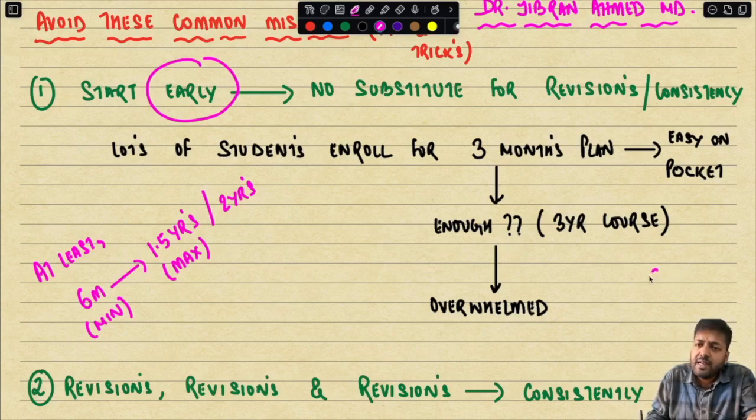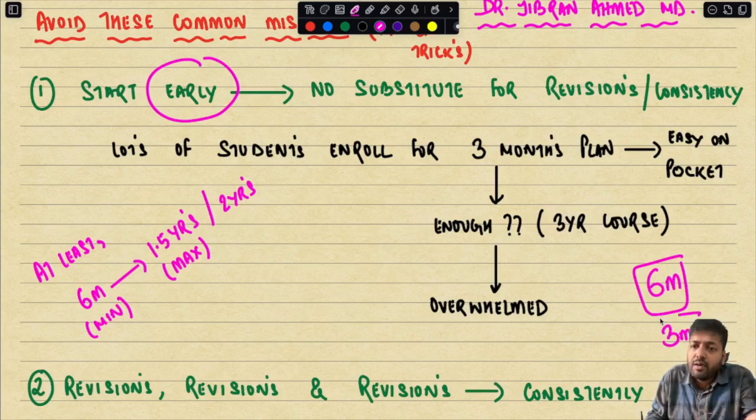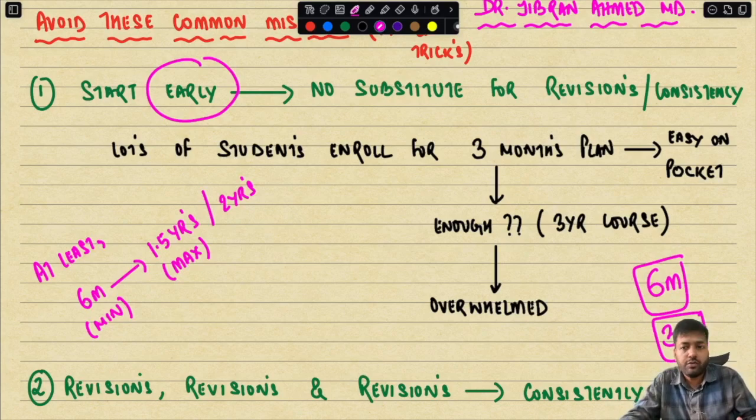A number of students join in the last 6 months, even more enroll in the last 3 months, and even more join just 1 month before the exams. I try to understand how you would prepare in a month or 2 months' time. It is very difficult for me to imagine.